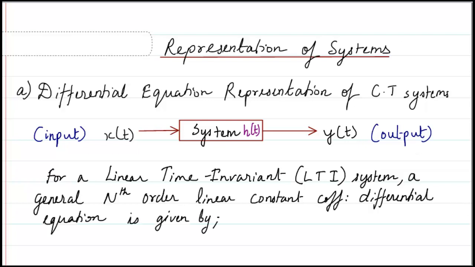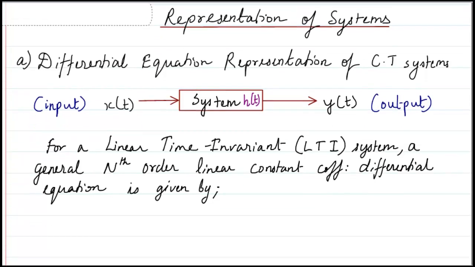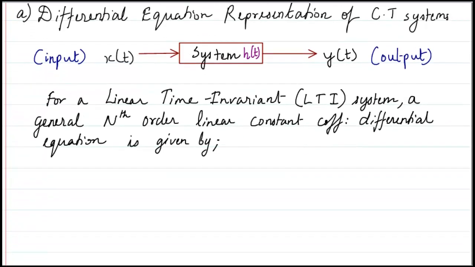the following formula. I will write the formula in a short form, which is the summation of a k multiplied with the derivative of y of t of different order.